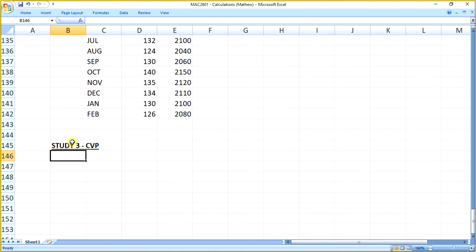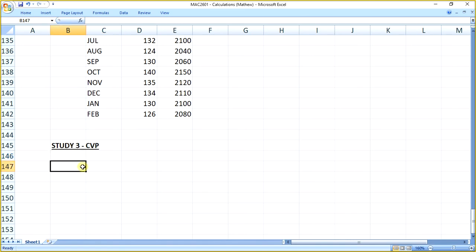Okay, so break-even point is a calculation. It's a formula that you need to know when doing calculations relating to fixed costs and the contribution that you're going to be deriving from the sale of a particular unit.